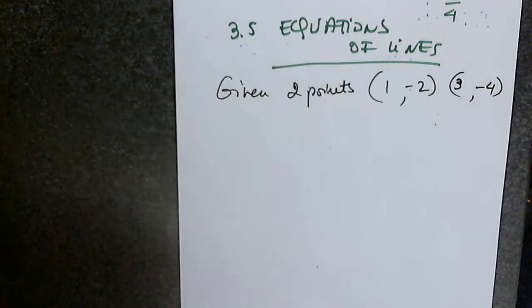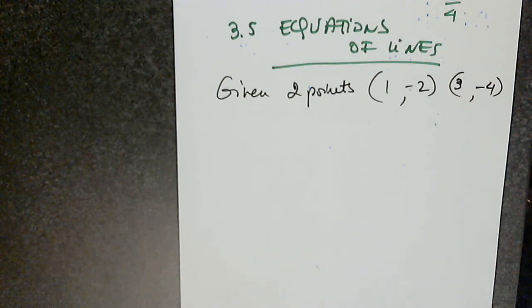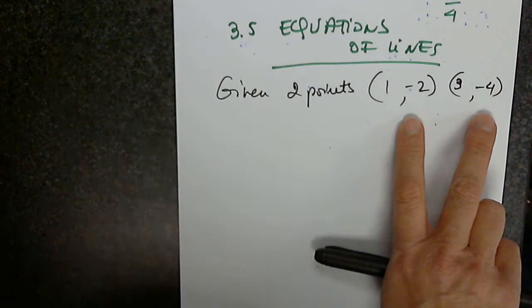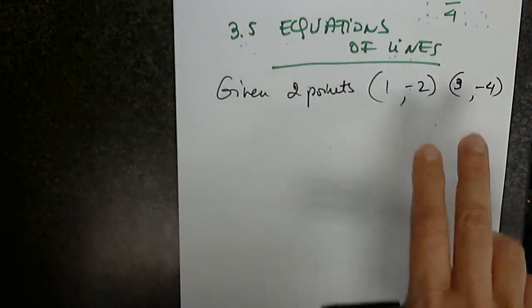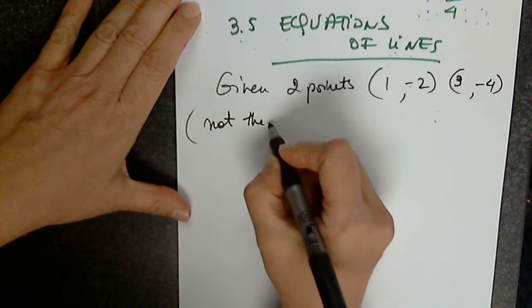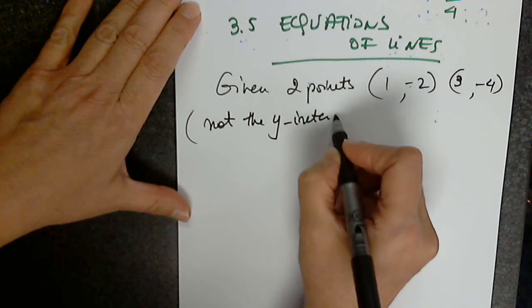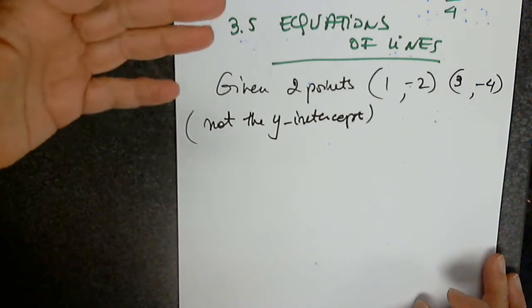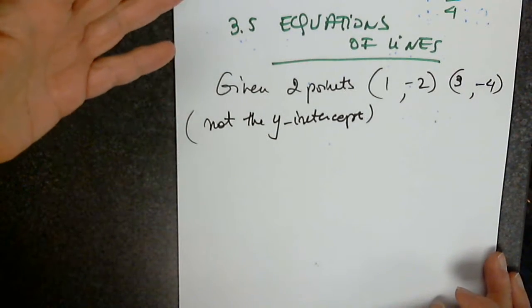Okay, perfect. So given 2 points, is any of these two the y-intercept? No. I'm going to write this down. Not the y-intercept, because I know what to do with the y-intercept. So this is a more difficult situation in which I'm not given the y-intercept.